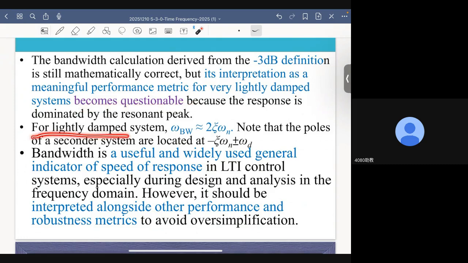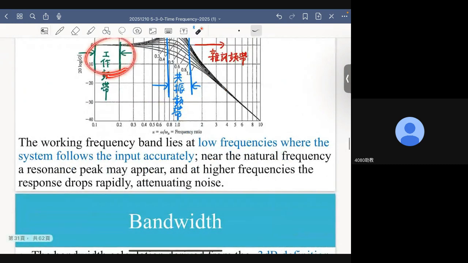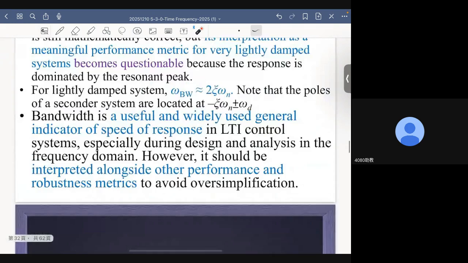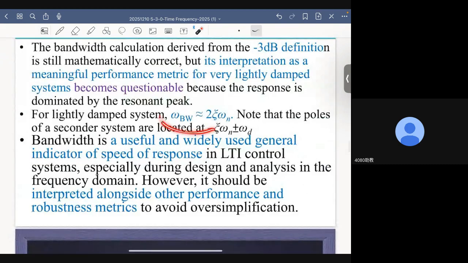Now, for lightly damped systems, based on this concept, it can be mathematically proven that the bandwidth is approximately 2 eta omega n, all right? Note that the pole of a second order system is located at this, all right?